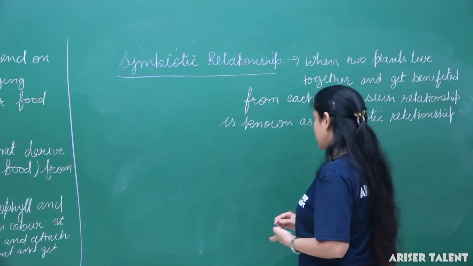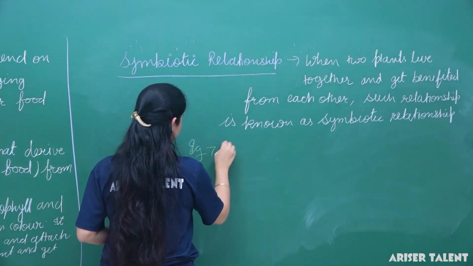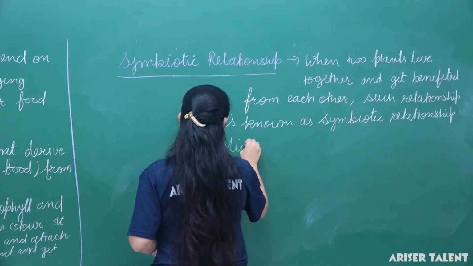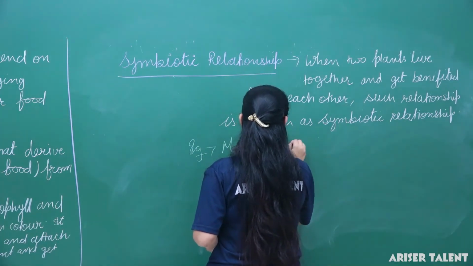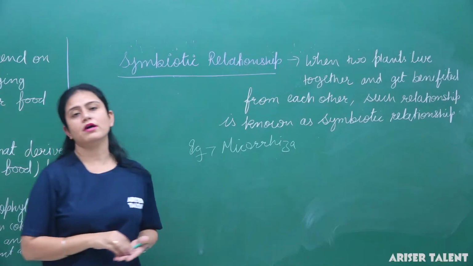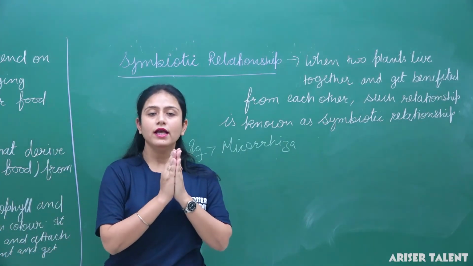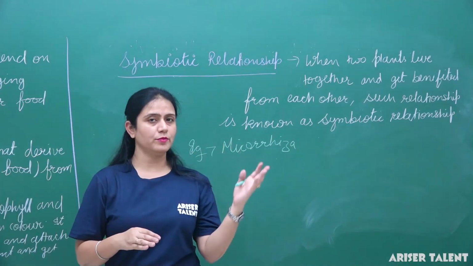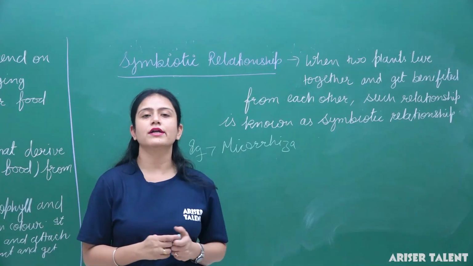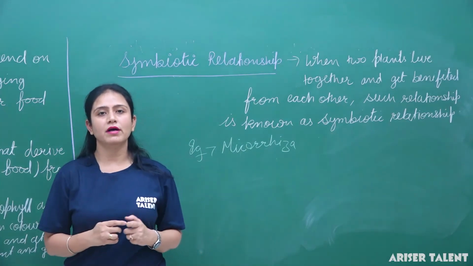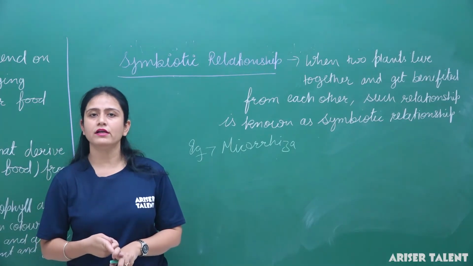For example, mycorrhiza. So what is symbiotic relationship? In this relationship, two plants live together and get benefited from each other. One provides support and another provides nutrition. So these kinds of plants are known as symbiotic plants, and the relationship they show is known as symbiotic relationship.